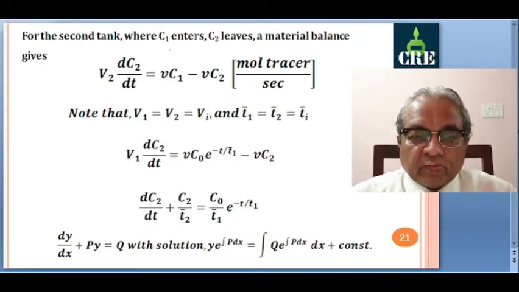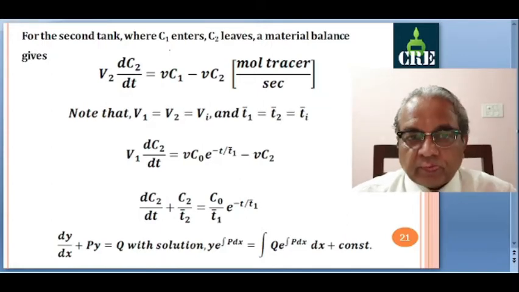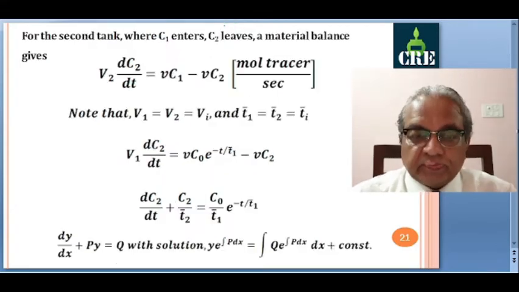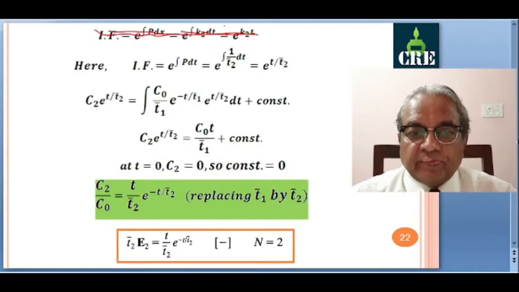What is p? The coefficient of y is C2 by T2 bar, so 1 upon T2 bar is p. So e raised to integral 1 upon T2 bar dt. Integral dt is t. So simply e raised to t by T2 bar.